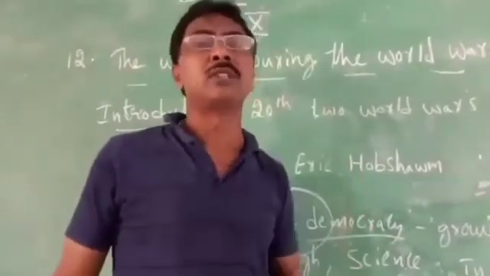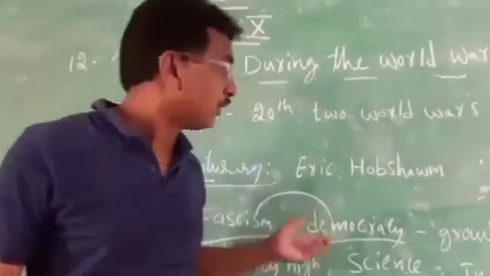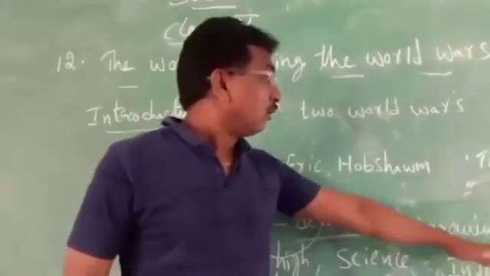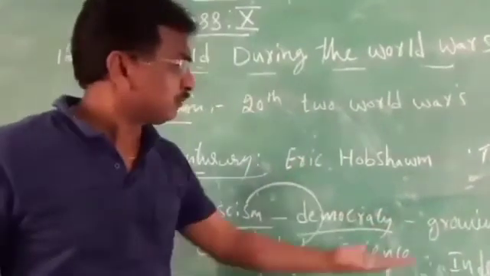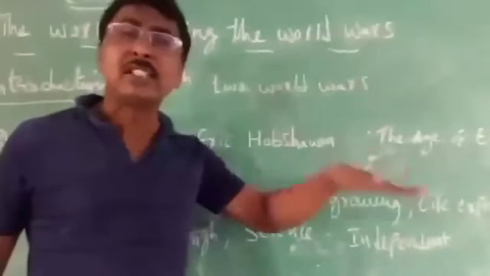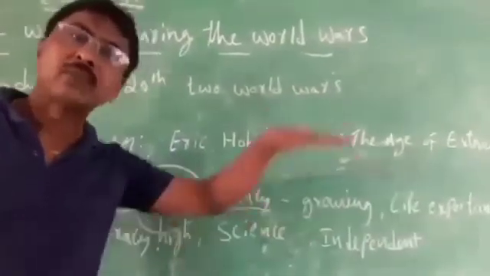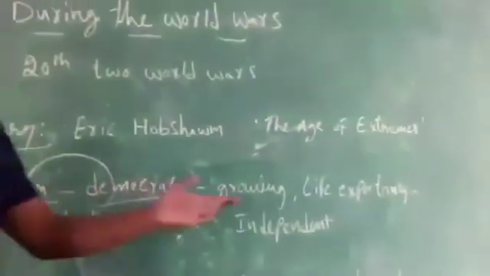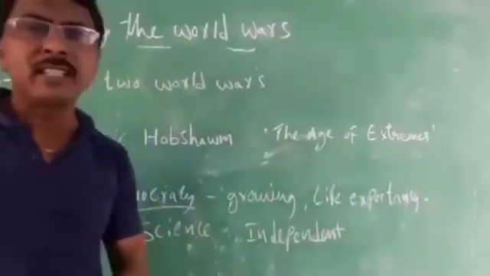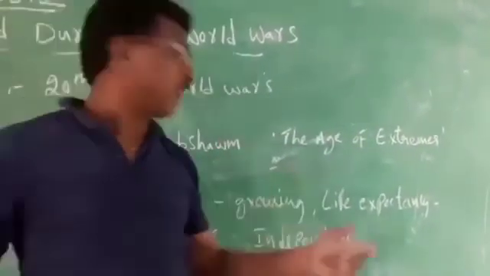The two world wars were started. I am going to tell you about that now. In the 20th century, life expectancy was growing, which means in those days life expectancy was very low. What is life expectancy?